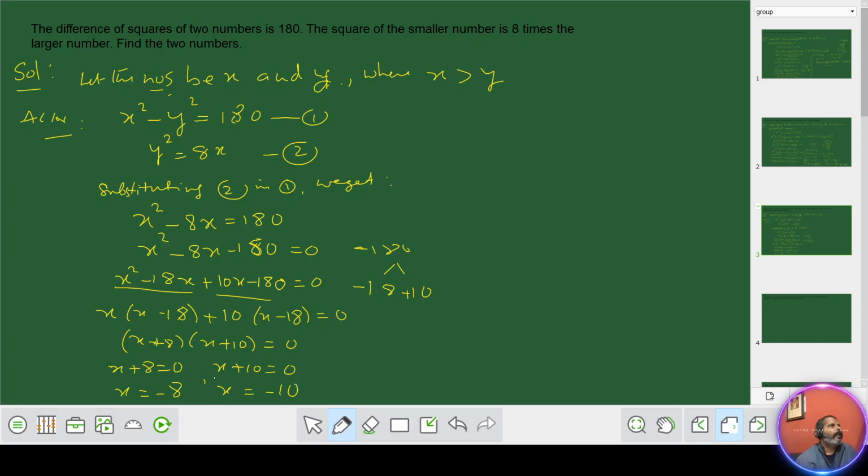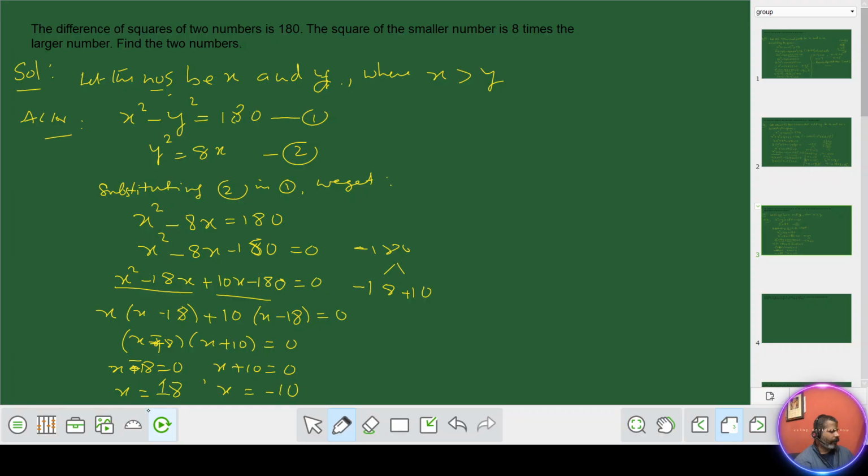Okay. Come back to the question. We have to find the x and y, right? Sorry, it is x minus 18 that is there. Sorry, my mistake here. Minus 18 and plus 18.